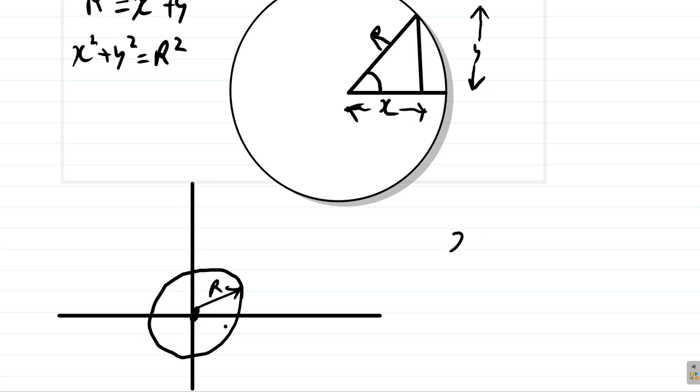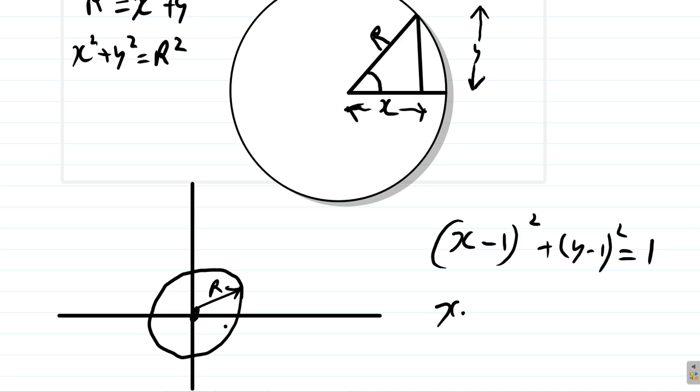So suppose we have, not x squared, but x minus 1 squared plus y minus 1 squared equals 1, so our radius is 1.